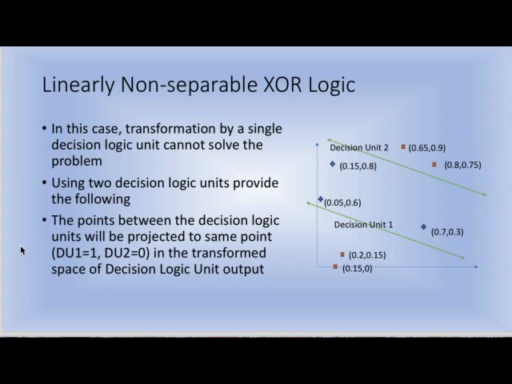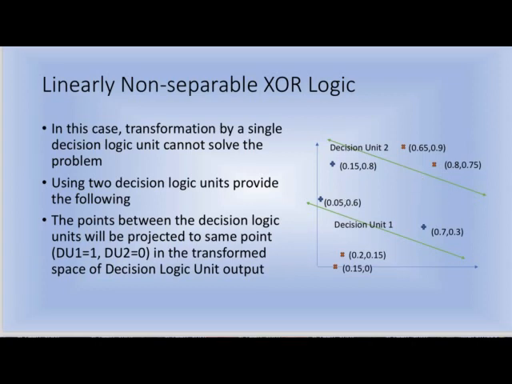So here we see that with decision unit 1, the green line, we are not able to separate the points that belong to class A from the points that do not belong to class A, because on one side we have only the points that do not belong to class A, and on the other side we have points that belong to class A and points that do not belong to class A. And we see the same situation for decision unit 2, the only difference being that the sides are reversed.